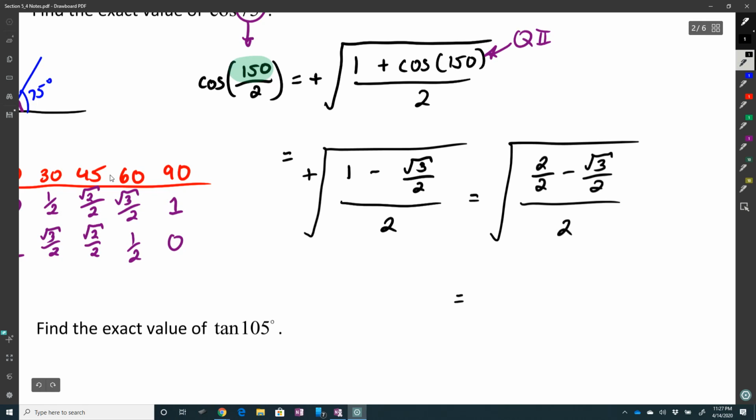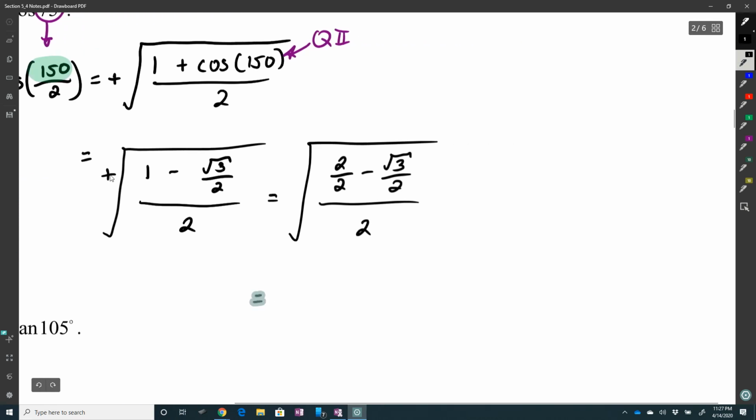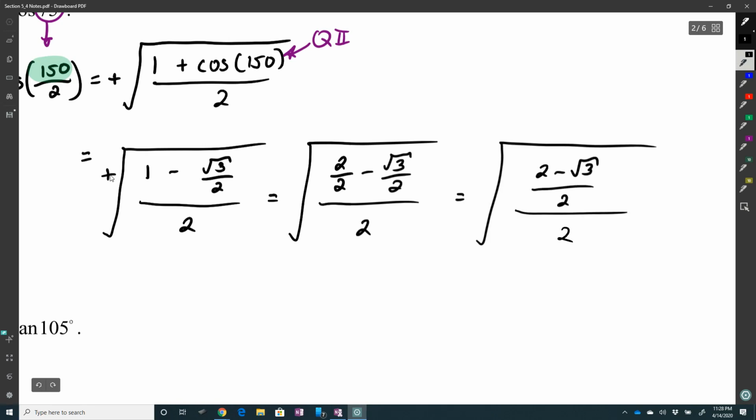And so we end up with 2 minus square root of 3 over 2, over 2. Now I can do times 1/2 times 1/2. There's lots of ways to cancel, so however you want to cancel was fine.